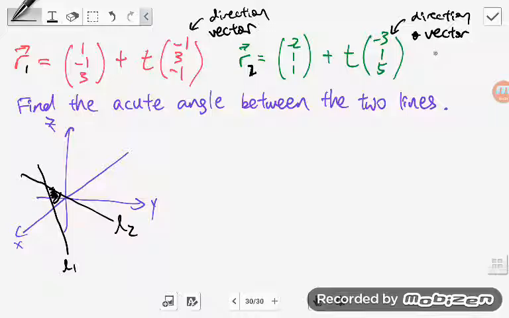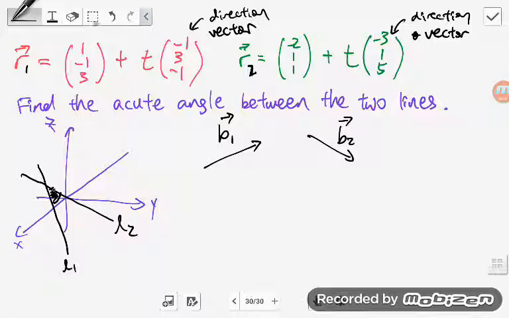Direction vector for the second line. So if I want to find the angle between them, maybe the direction vector for line 1 looks like that. Maybe this is it. I'm going to call this B1, right? The direction vector for the second line, I'm going to call that B2. Maybe it looks like that.